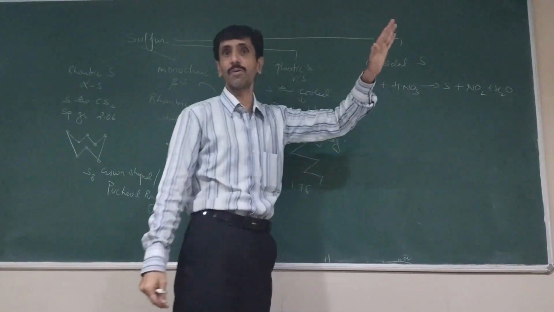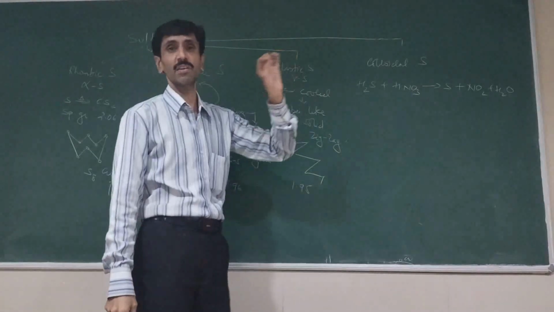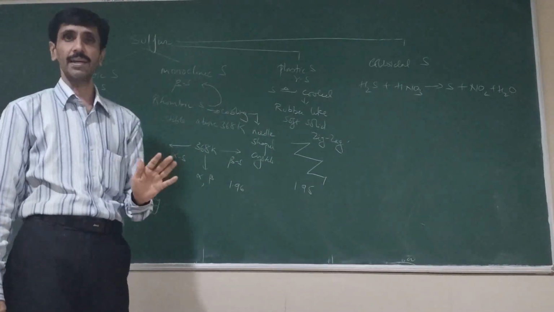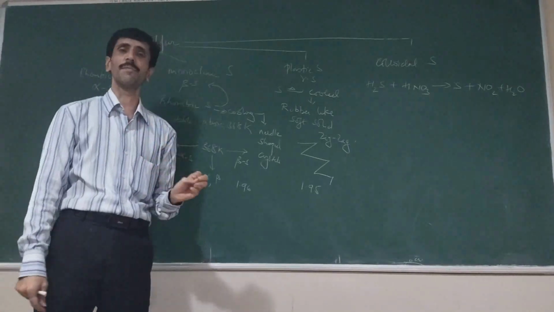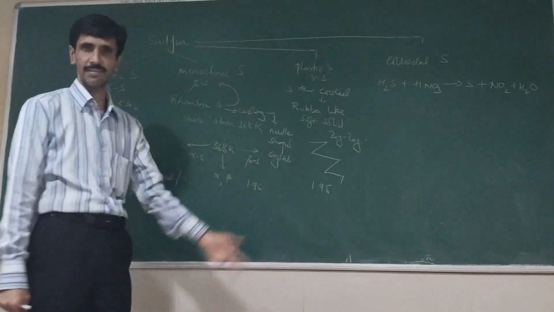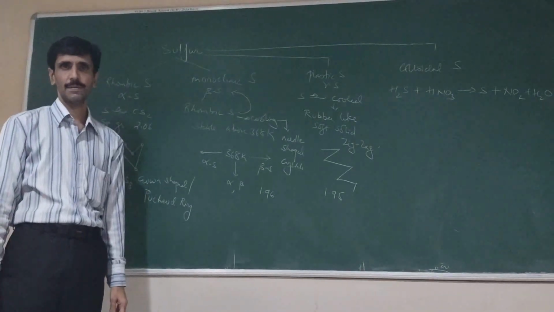Because the downward arrow indicates precipitate, and we are talking about colloid. So these are the major forms. Apart from this there are other forms of sulfur, but we will be considering these four forms: the alpha, the beta, the gamma and the colloidal sulfur. So I hope you have understood this.